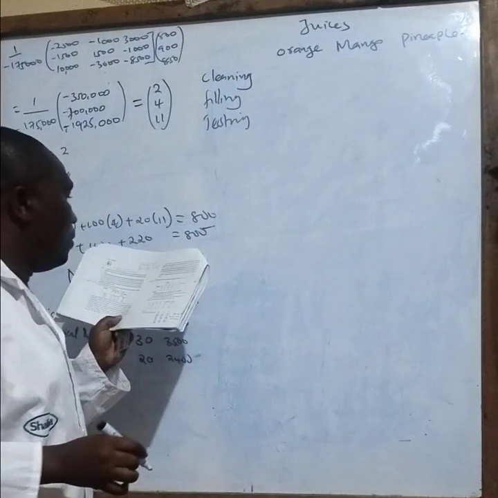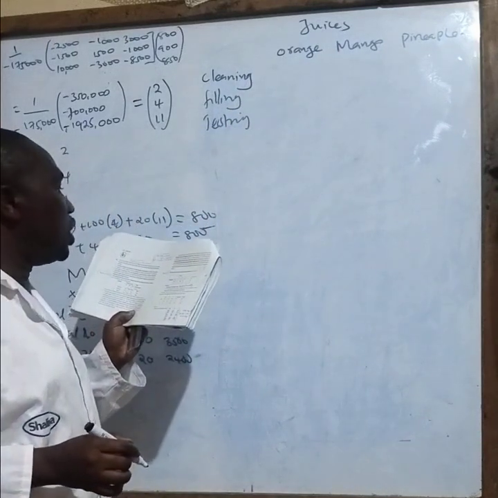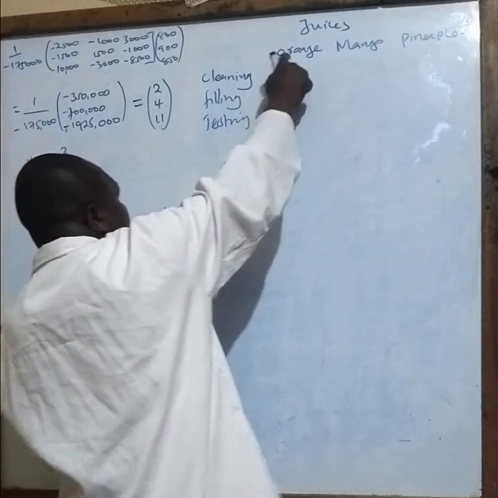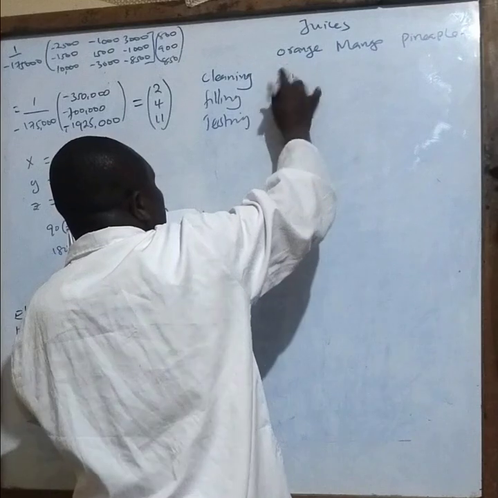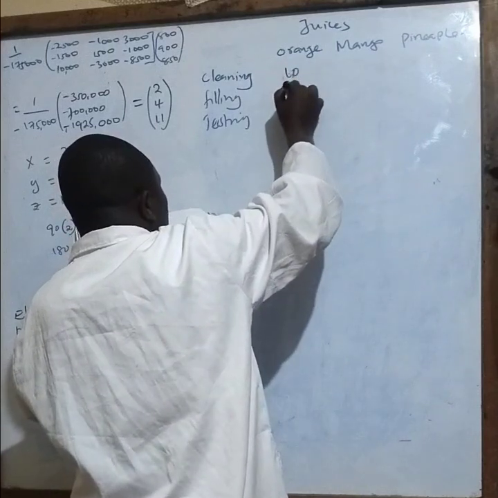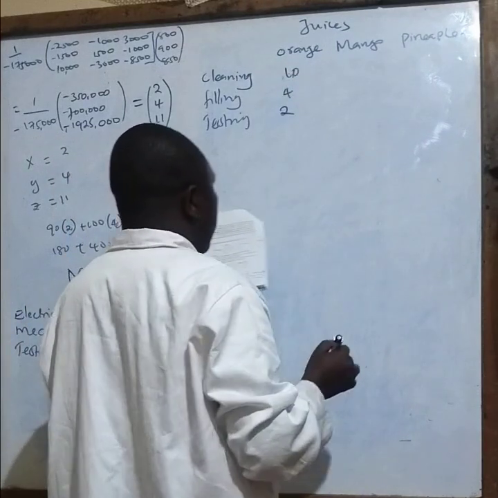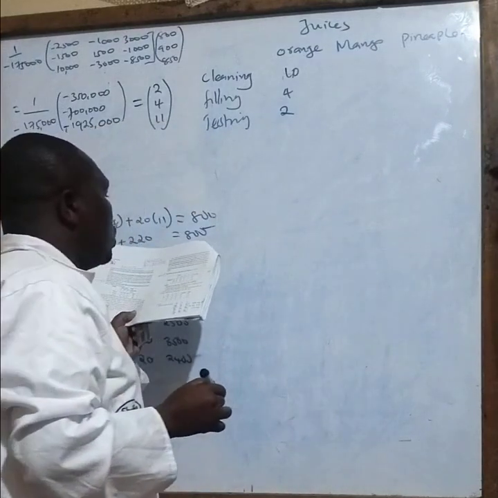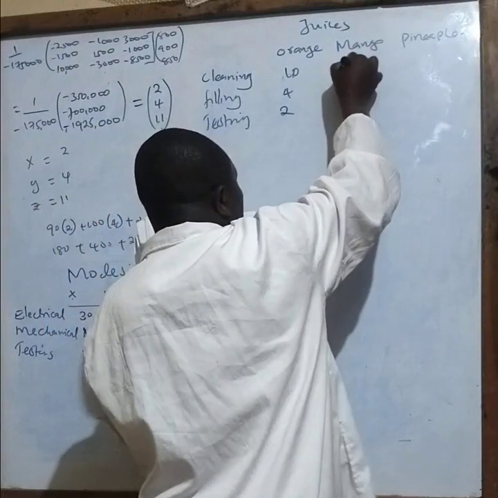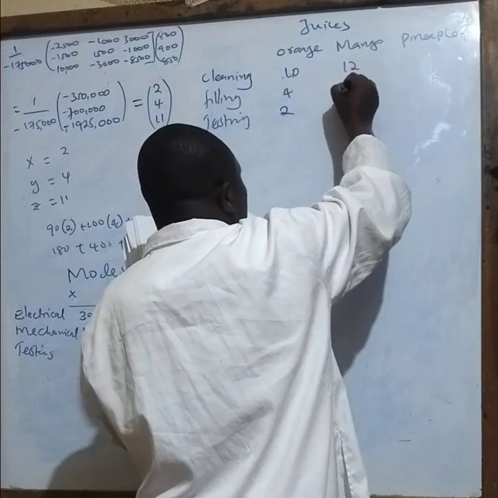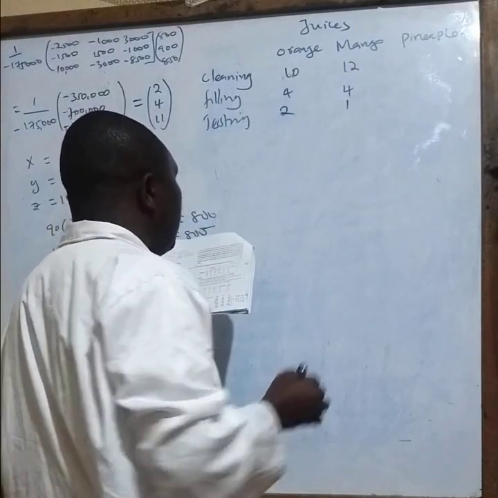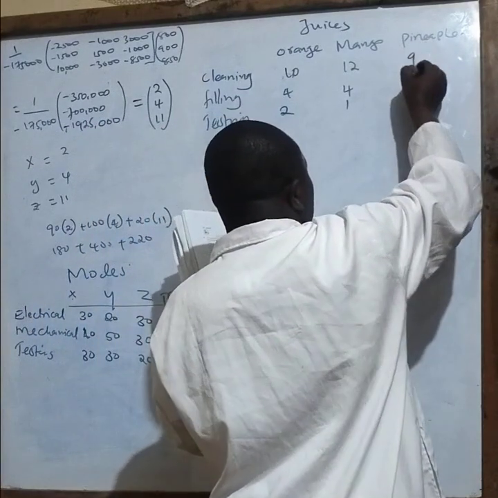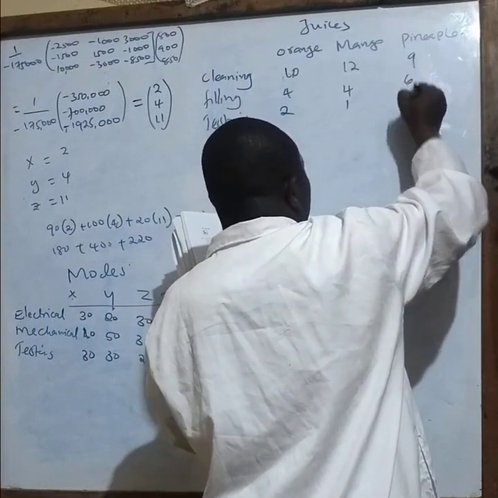Then they are saying each case of orange juice requires 10, 4, and 2 minutes. Then for the mango, you need 12, 4, and 1. Then for the pineapple, you need 9, 6, and 1.